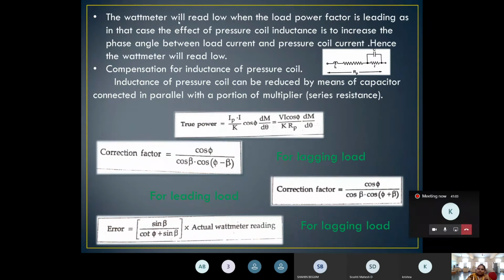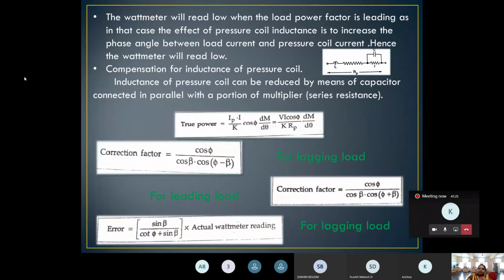Next, the wattmeter will read low. For reading low values, observe here, I am slowly reading this line: it reads low when the load power factor is leading.